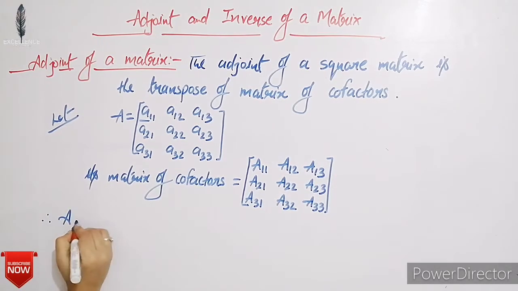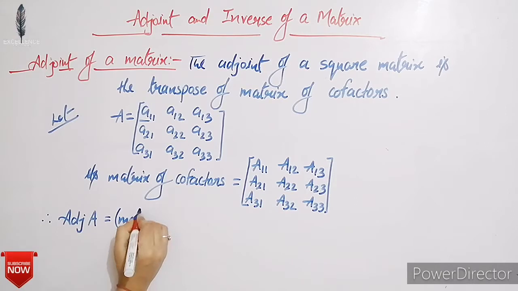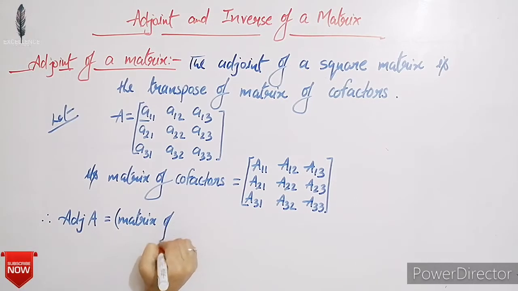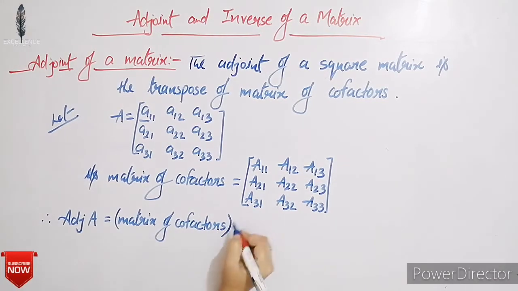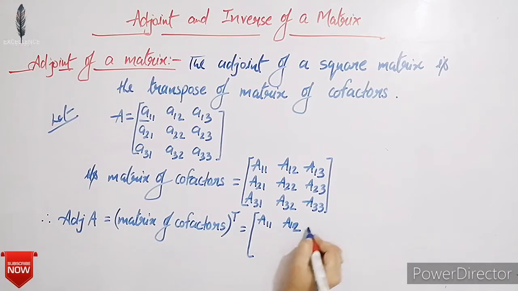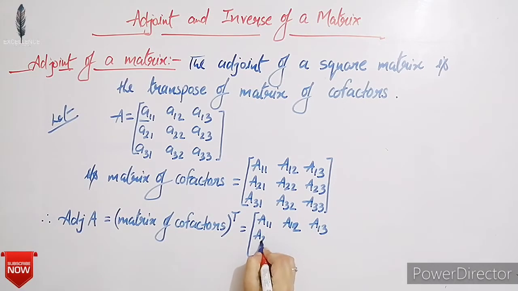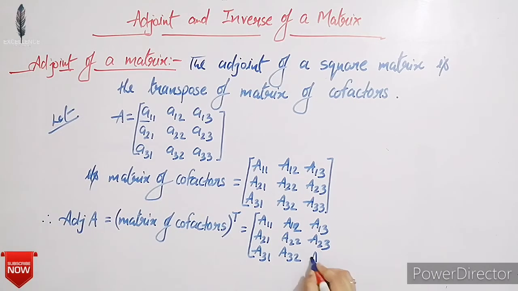So, according to the definition, adjoint A is equal to the matrix of cofactors and its transpose. That is, the matrix of cofactors is A11, A12, A13, A21, A22, A23, A31, A32, A33, and its dash means transpose.